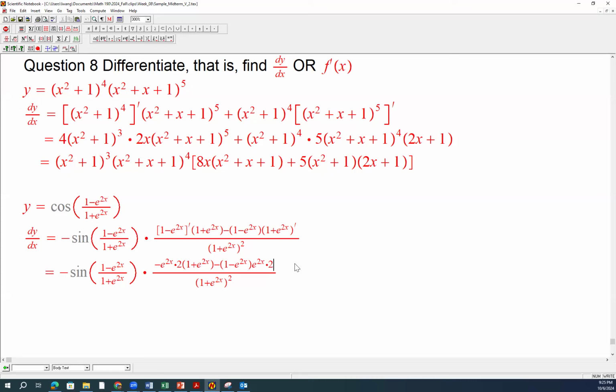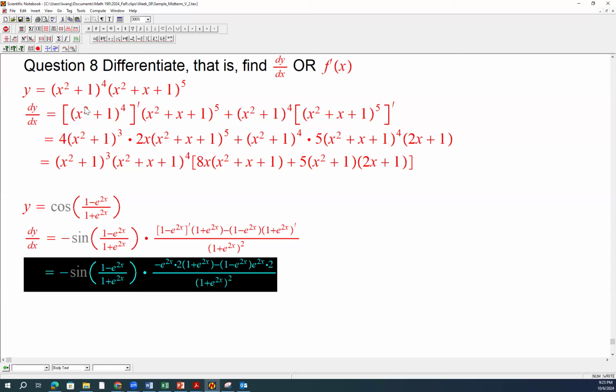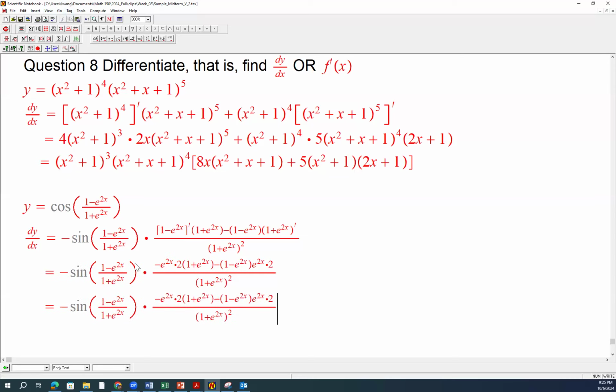By this time, we can do some factoring. What I meant is that we got a 2 times e to the power 2x, 2 times e to the power 2x, right? So then we're going to factor this out.